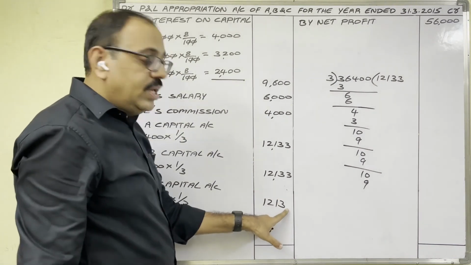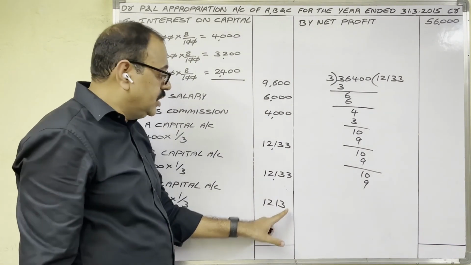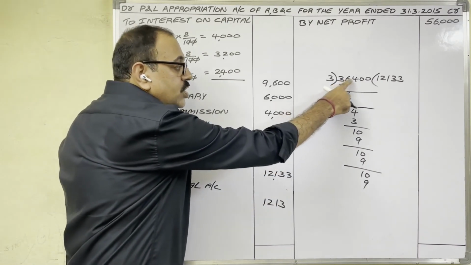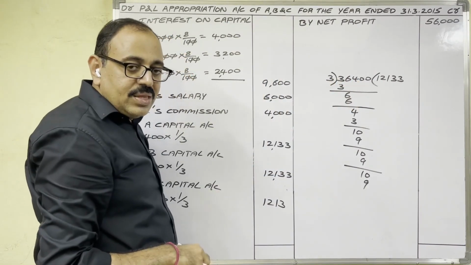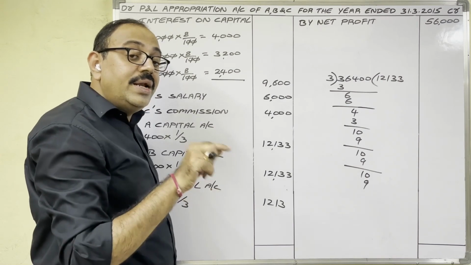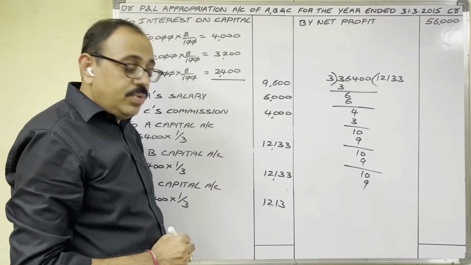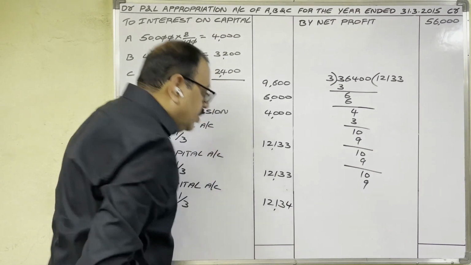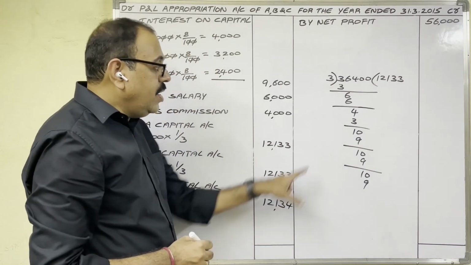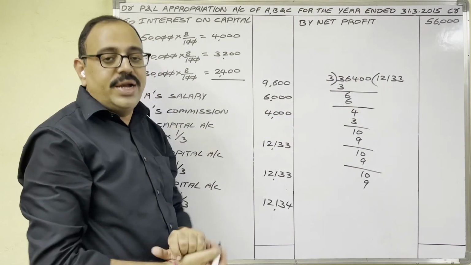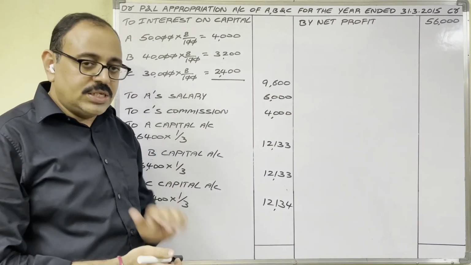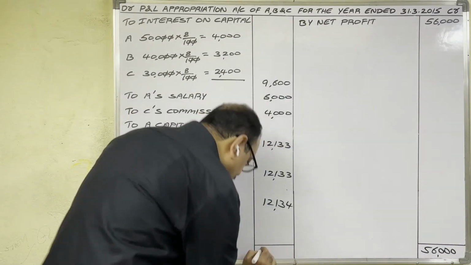If you write a 3, then the problem is, if you add these 3 amounts, 36,400 doesn't come. 36,399 comes. So what do we do? To C, we'll give 1 rupee extra. Then if you add the 3 amounts, again 36,400 comes. So finally, on the two sides put the highest total, 56,000 rupees. Debit side also same.